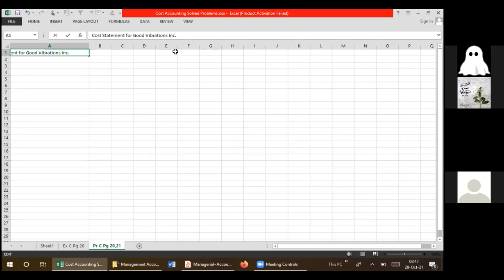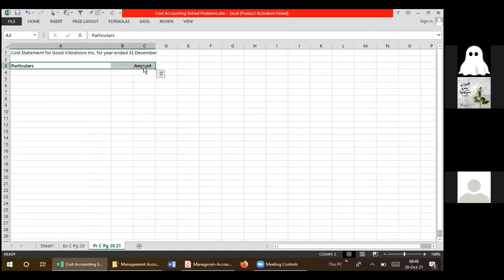So cost statement for Good Vibrations Incorporated for December. Create a broad particulars column and two amount columns. We just write the amount in one column. The other is for our summations and totalings.